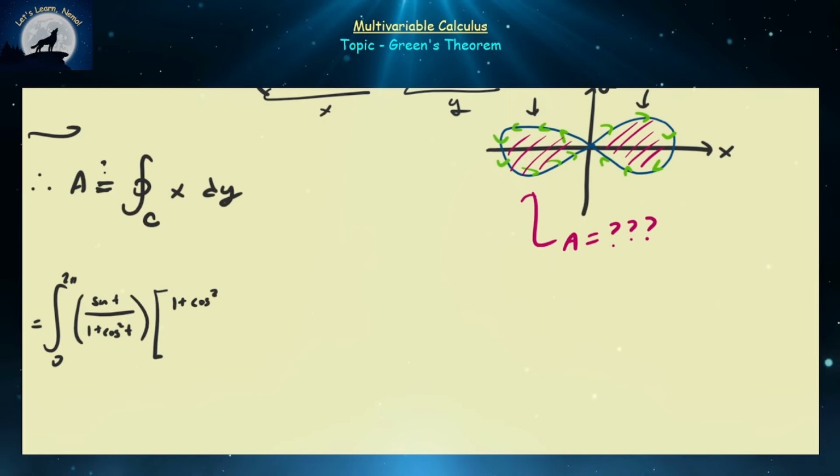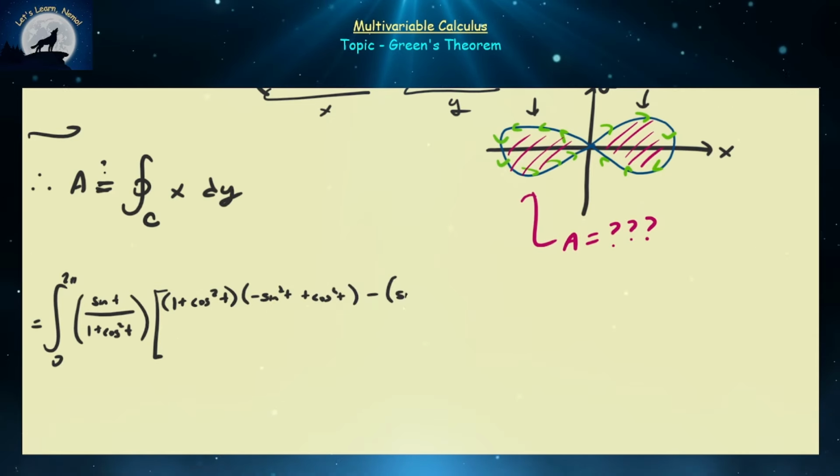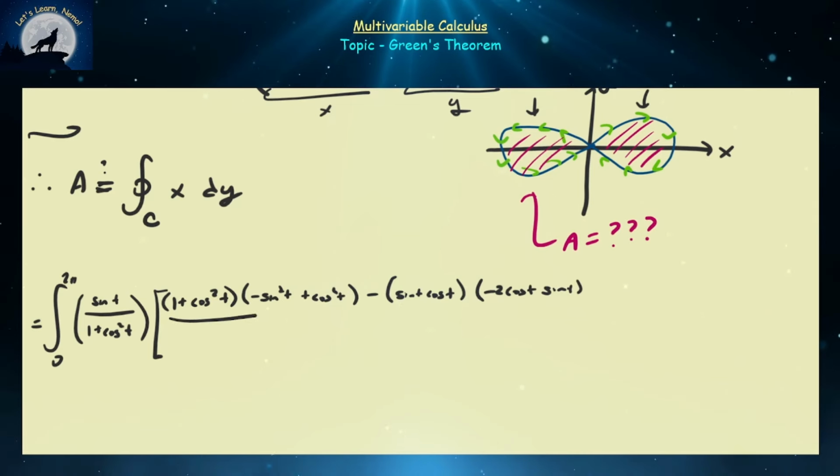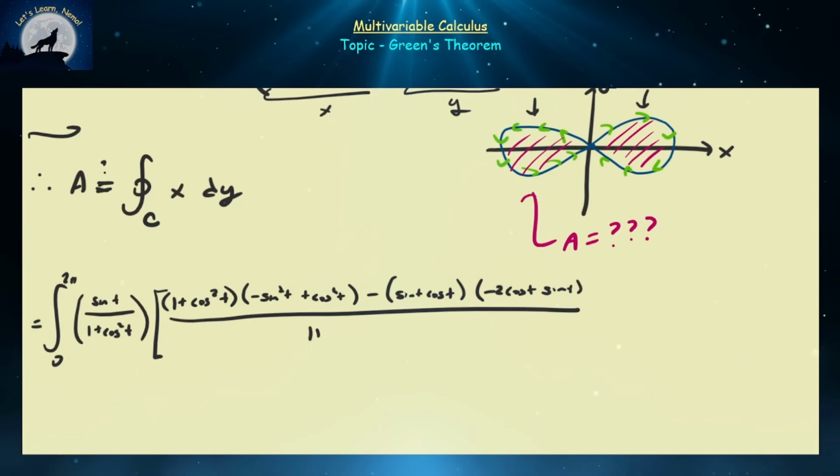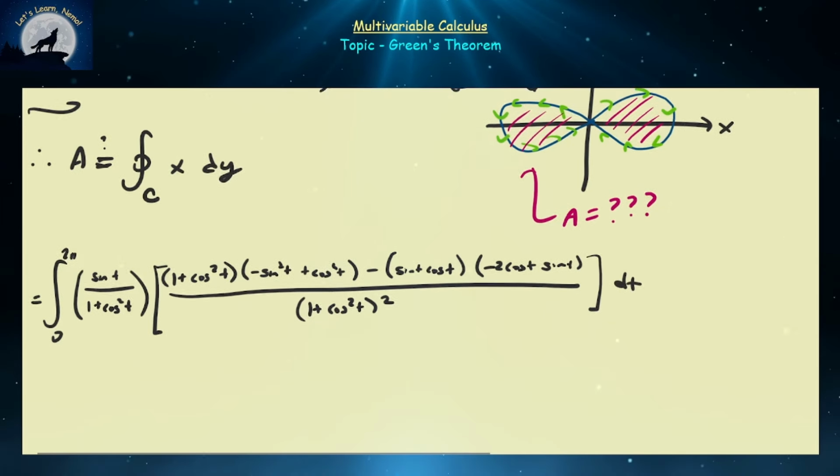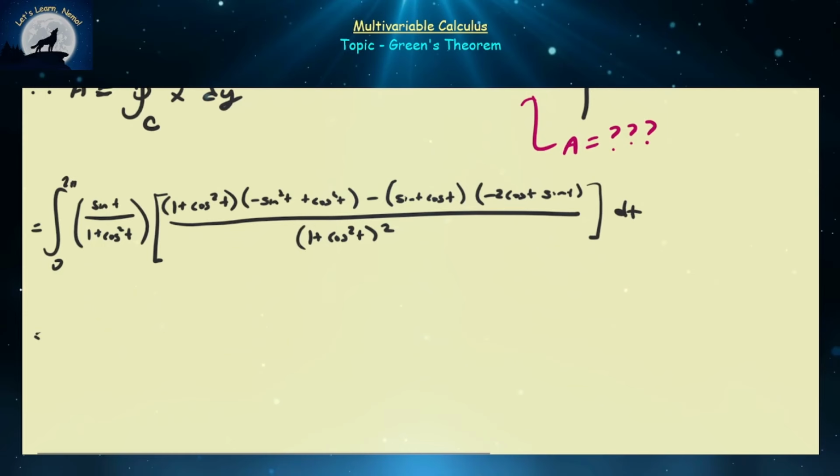So 1 plus cosine squared of t times minus sine squared t plus cosine squared of t, then minus sine t cosine t times minus 2 cosine t sine t, all over 1 plus cosine squared of t, squared, dt. All right, so once we have that, then we have a couple 1 plus cosine squared t's on the bottom, so we can combine them if we want to.